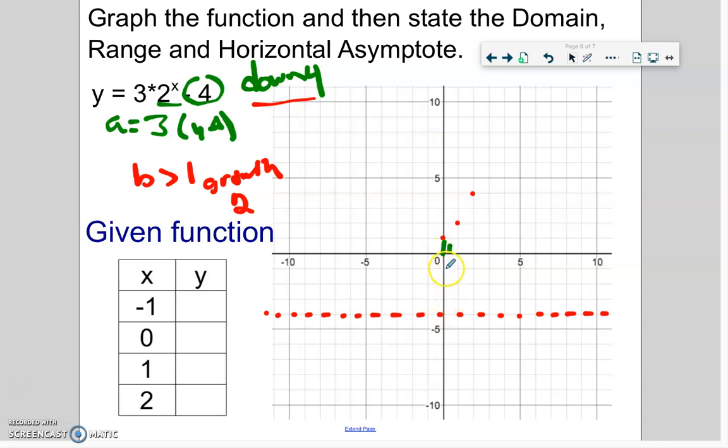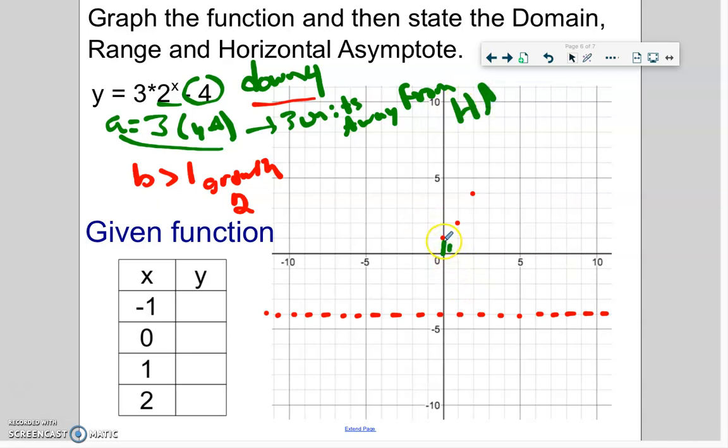It's now going to be 3 units away from my horizontal asymptote. So I'm going to go down 1, 2, 3, 4. But instead of putting that dot right here at 0, -4, I'm going to put that dot at 0, -1, because I'm 1, 2, 3 units away from our horizontal asymptote. So my new starting point should be 0, -1.